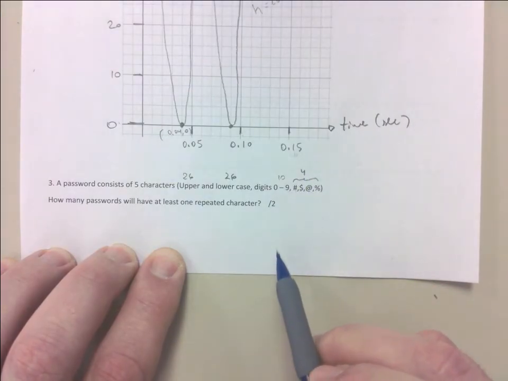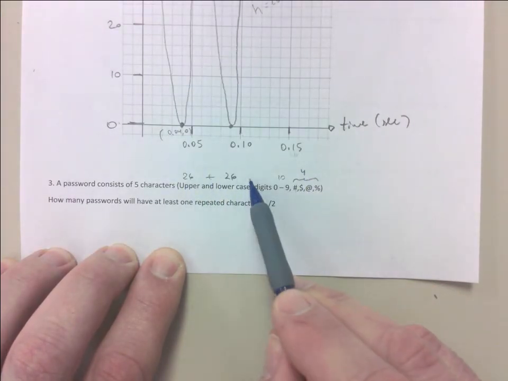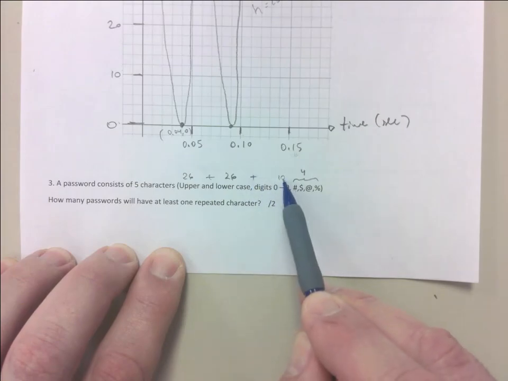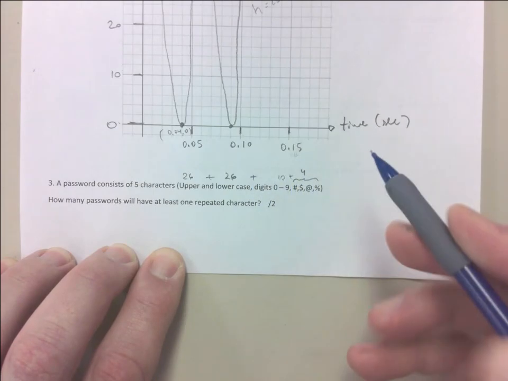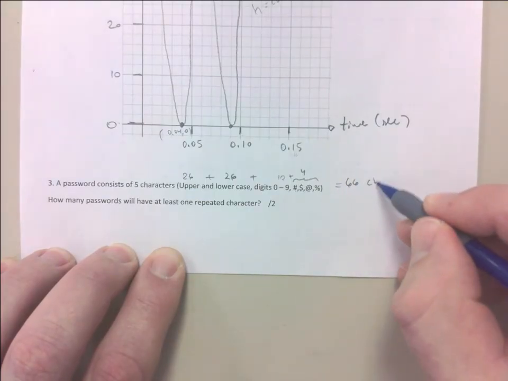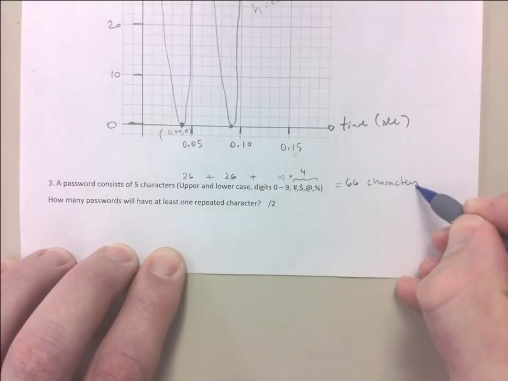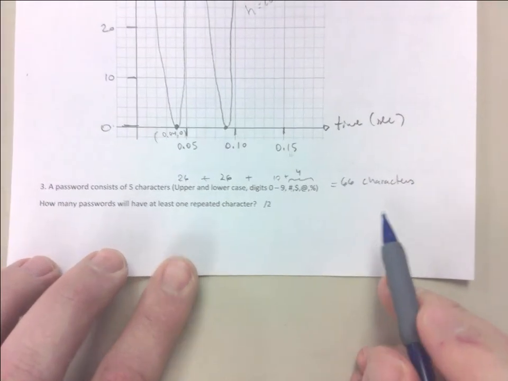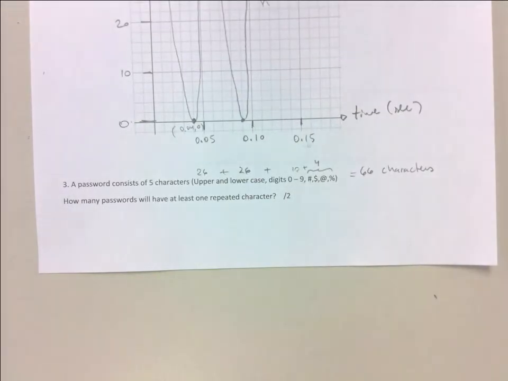Those are your options. So this is 52, 62, 66. You have 66 characters to choose from per slot.